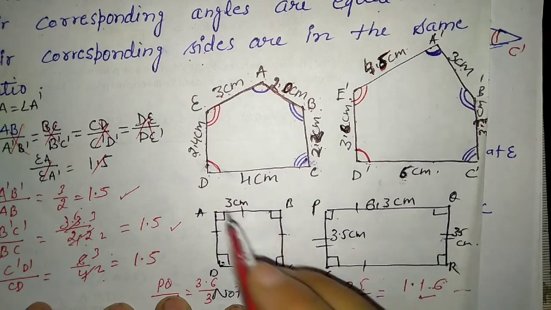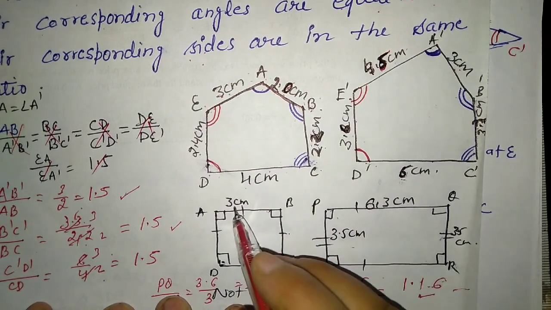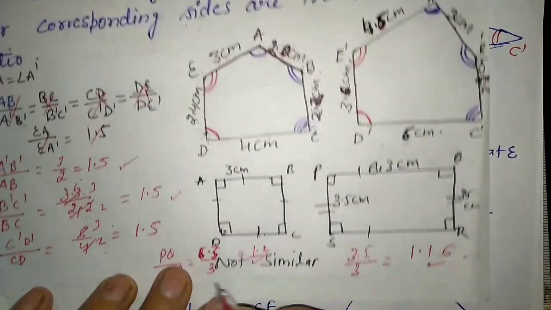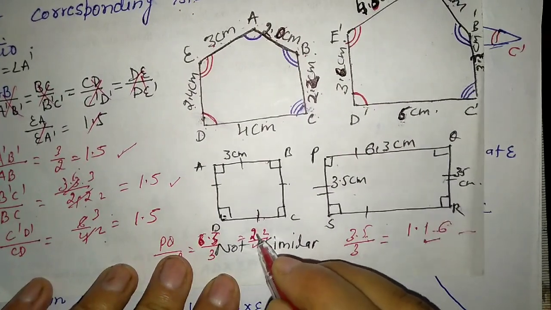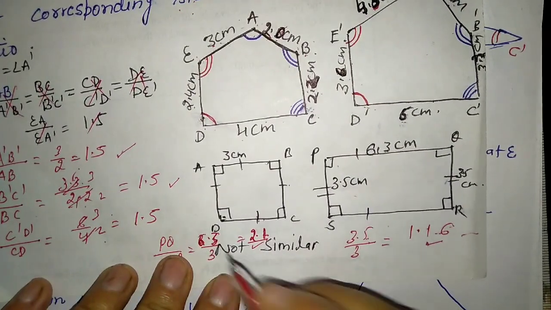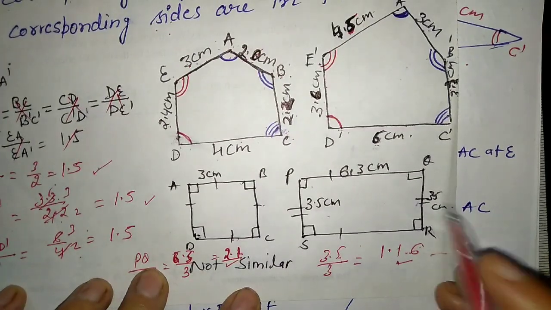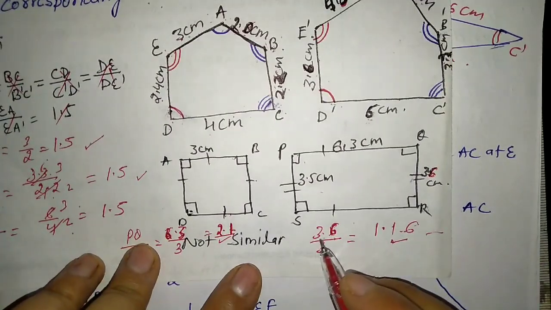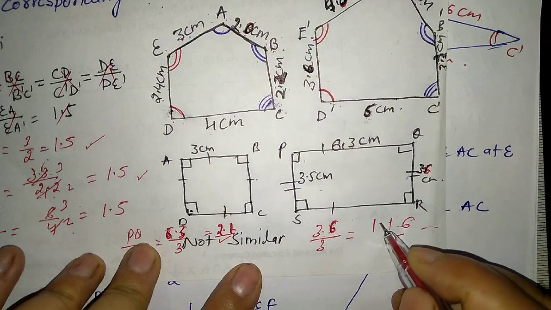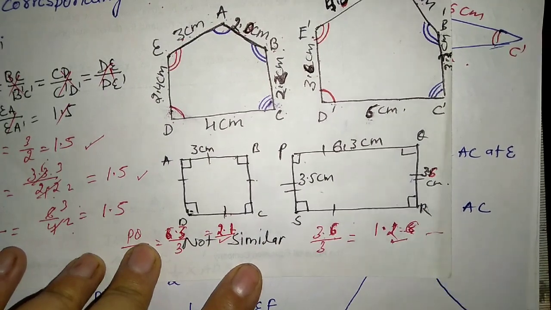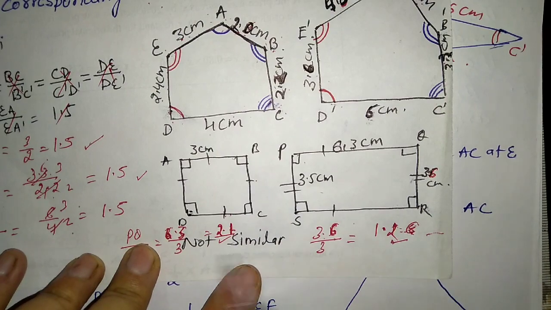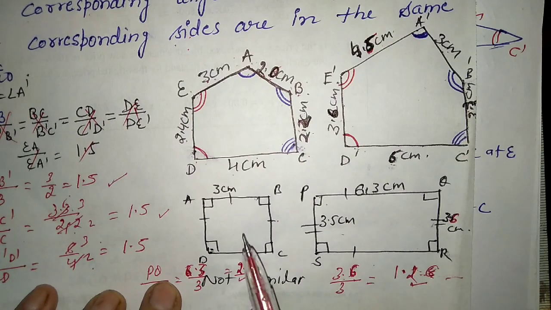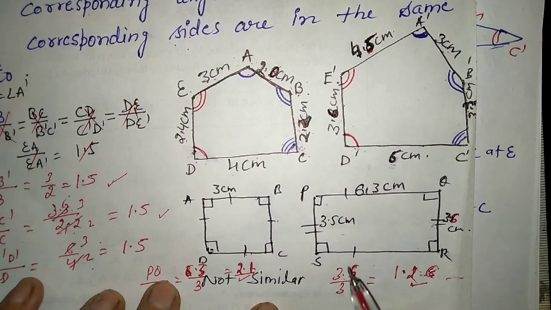One side is 6.3 upon 3, which gives 2.1. The second side, taking 3.6 upon 3, gives 1.2. This is 2.1 and this is 1.2, so both ratios are not the same. Though the corresponding angles are equal, the corresponding sides are not in the same ratio. So these are not similar figures.